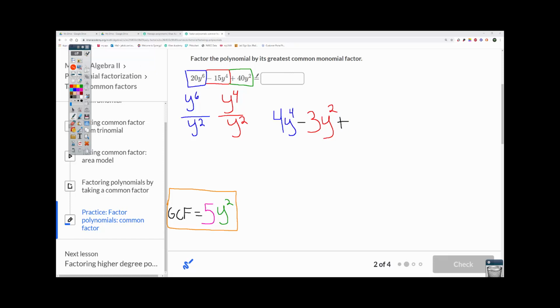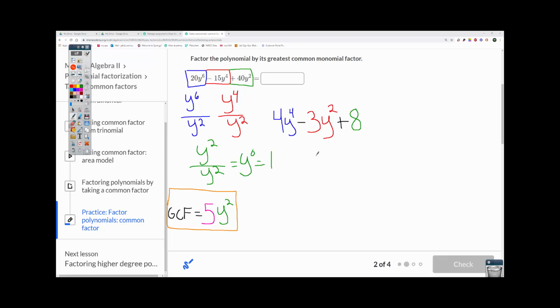And let's do the same thing. We switch to green. So 40 divided by 5 gives us 8. And then y to the power of 2 divided by y to the power of 2 gives us y to the power of 0.